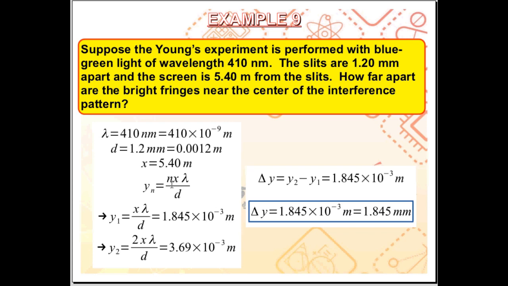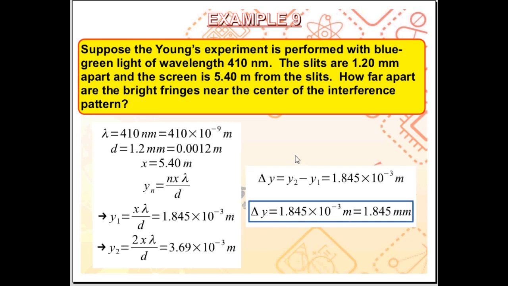Setting n equal to 2, we get y2. And then getting the difference y2 minus y1, we are able to calculate delta y, the distance between the two bright fringes, 1.854 times 10 to the negative 3 meters.